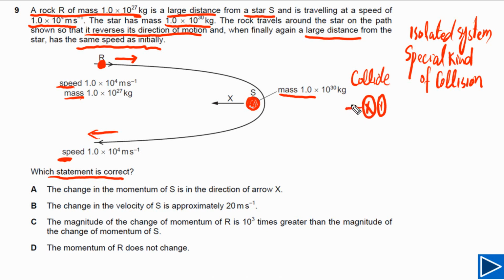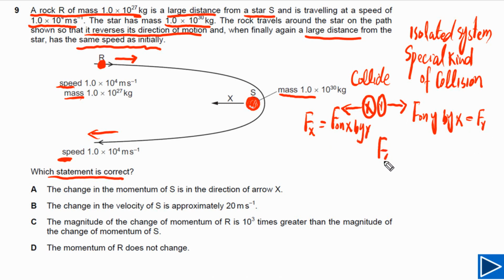So Y will exert a force on X, the force on X by Y, and there will be a force on Y by X. I will simply call these forces Fx and Fy. The magnitudes of these two forces will be the same even though the directions are opposite.